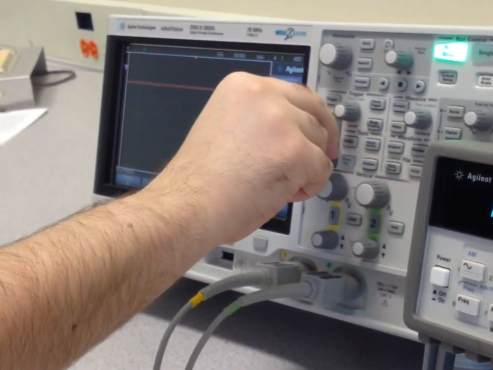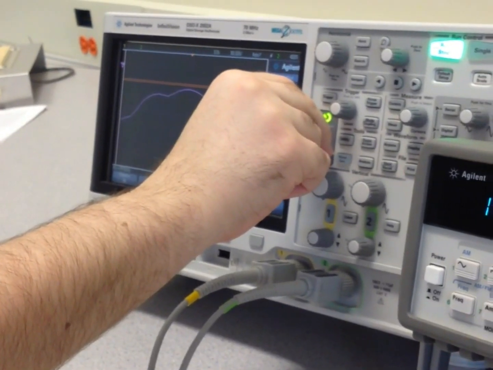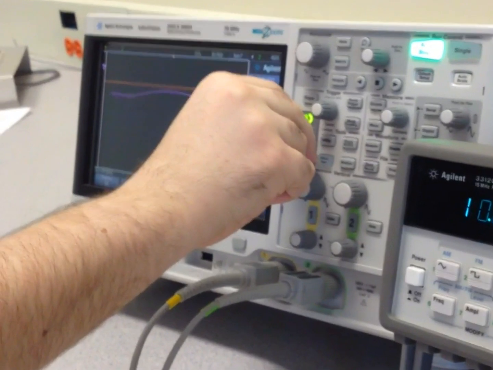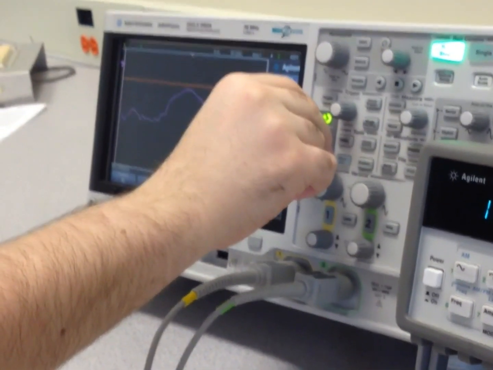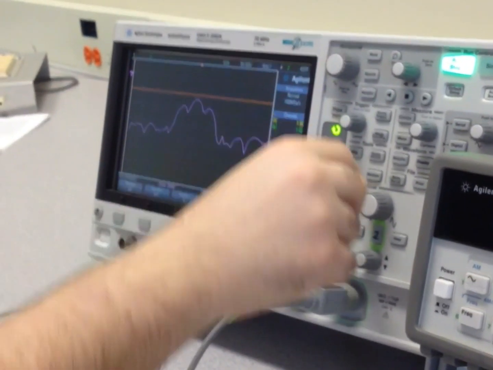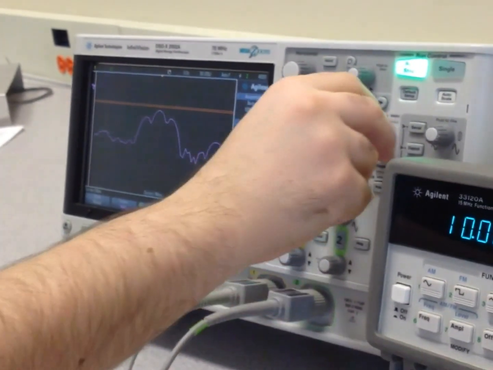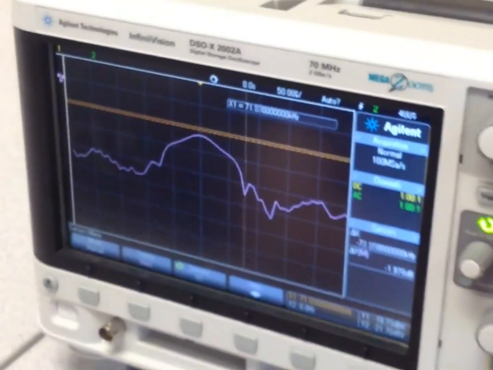Okay, let's decrease the span a bit. Okay, let's see with the cursors what do I have. This is the 64 kilohertz.